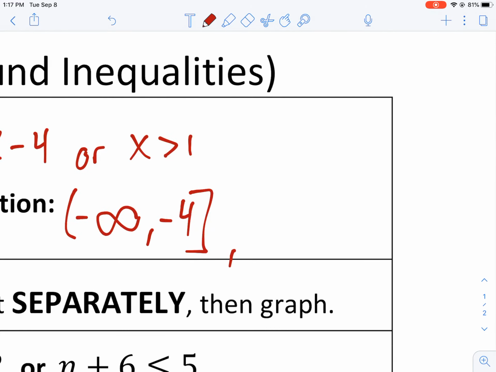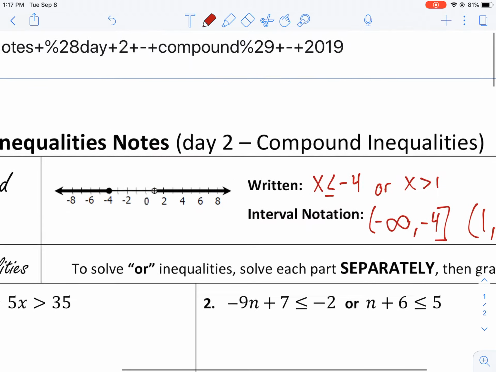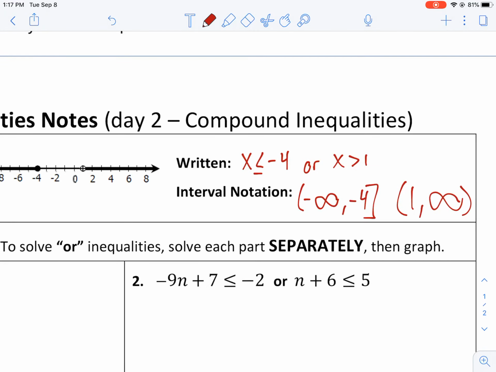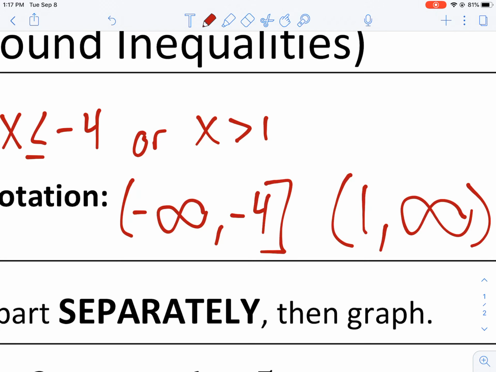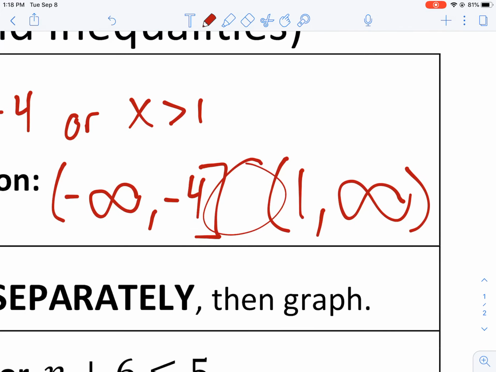And then we also have another one where we start at 1 and go up to infinity. So we have two inequalities here that it takes to represent this graph. So basically, we're just skipping the section from -4 to 1. We're going from negative infinity up to -4, skipping this middle section here, and then from 1 to infinity.